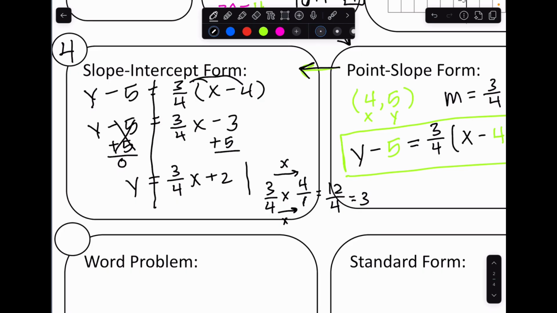Okay, so now that I solved for y, I have my slope-intercept form. Okay, because I have y equals mx plus b.